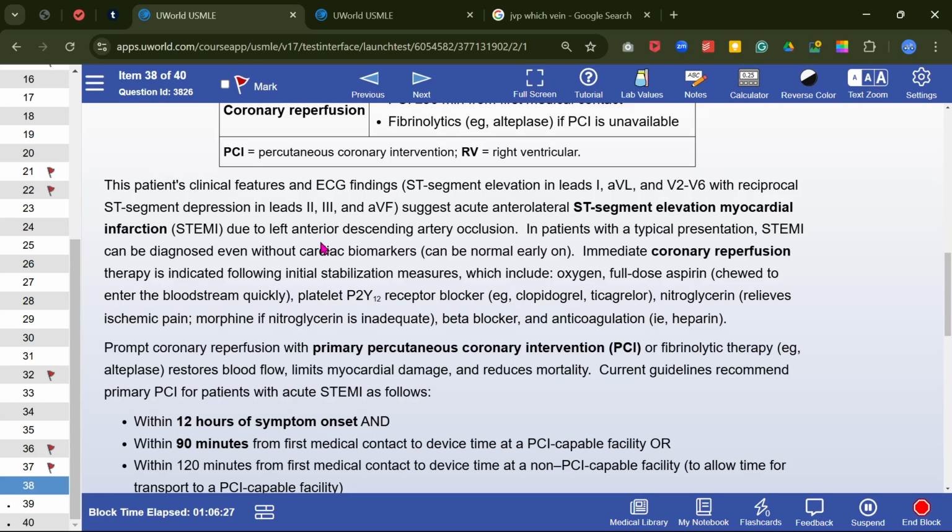In patients with typical presentation, ST elevated MI can be diagnosed even without cardiac biomarkers, which can be normal early on.